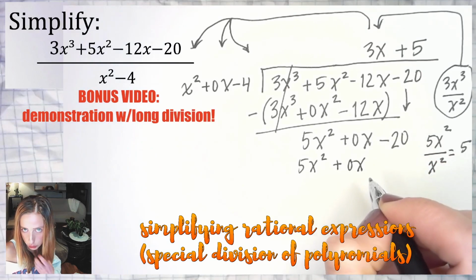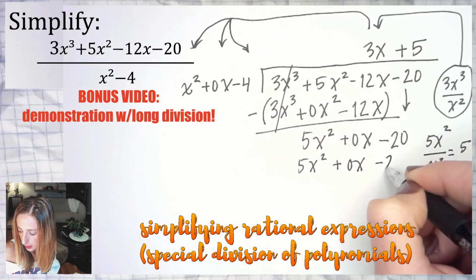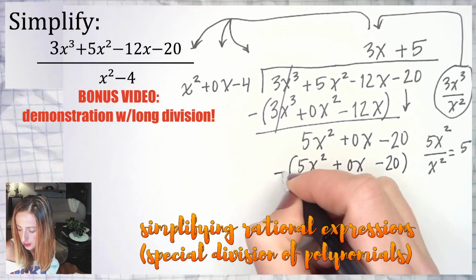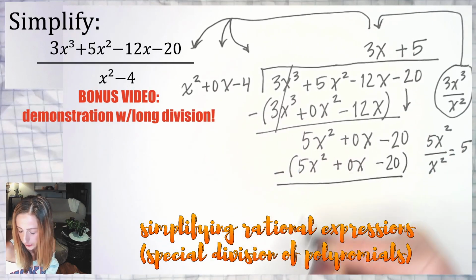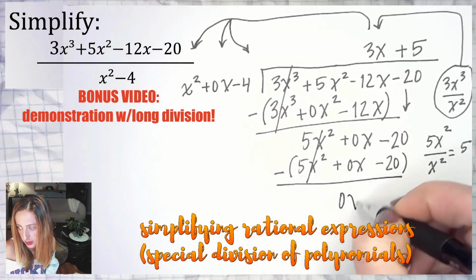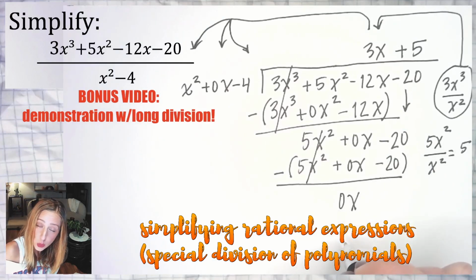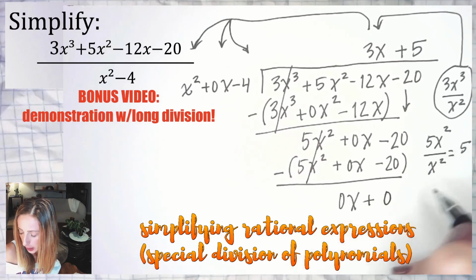I'm even treating 0 like a regular coefficient. And then 5 and negative 4 is negative 20. Parentheses, minus sign, underline, cancel. 0x minus 0x is 0x. Negative 20 minus negative 20 is negative 20 plus 20 is 0.